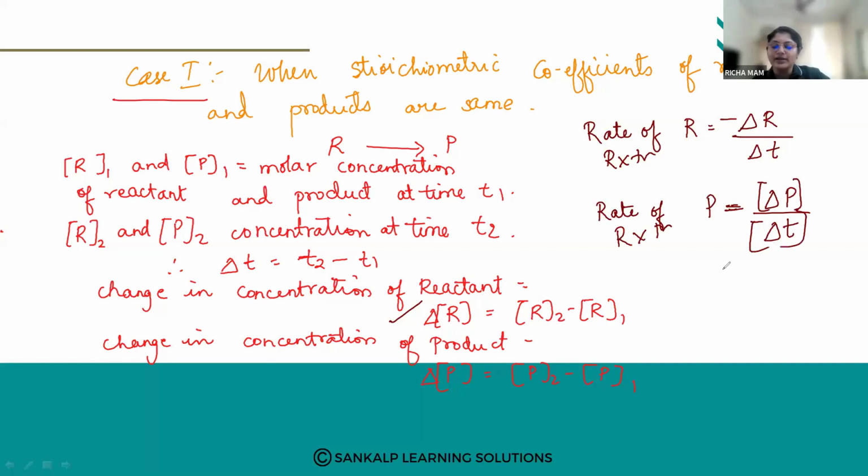Got it? The rate of reaction for the reactant is expressed with a negative sign, because the reactant is on the left hand side.